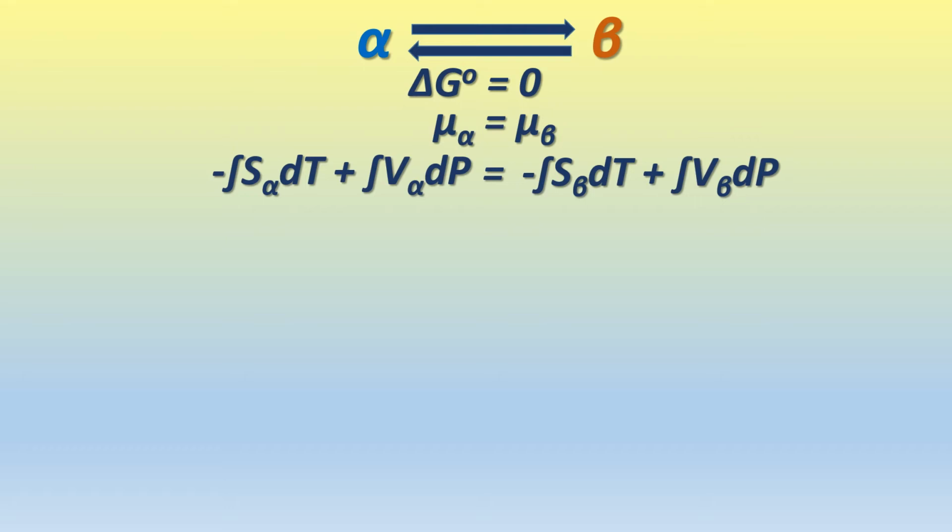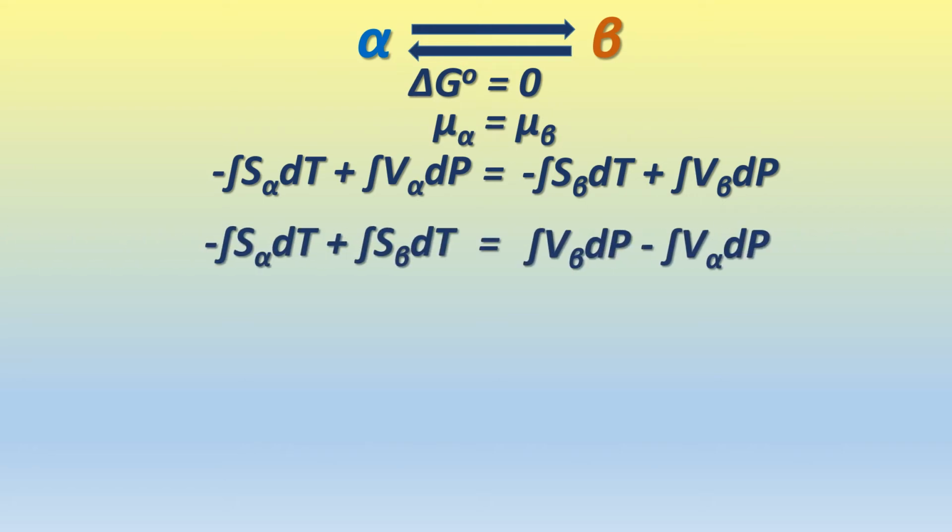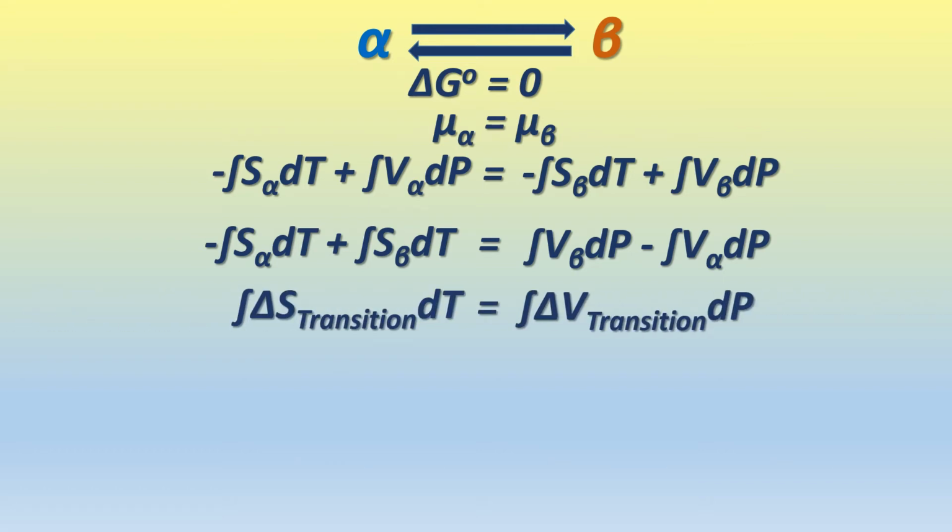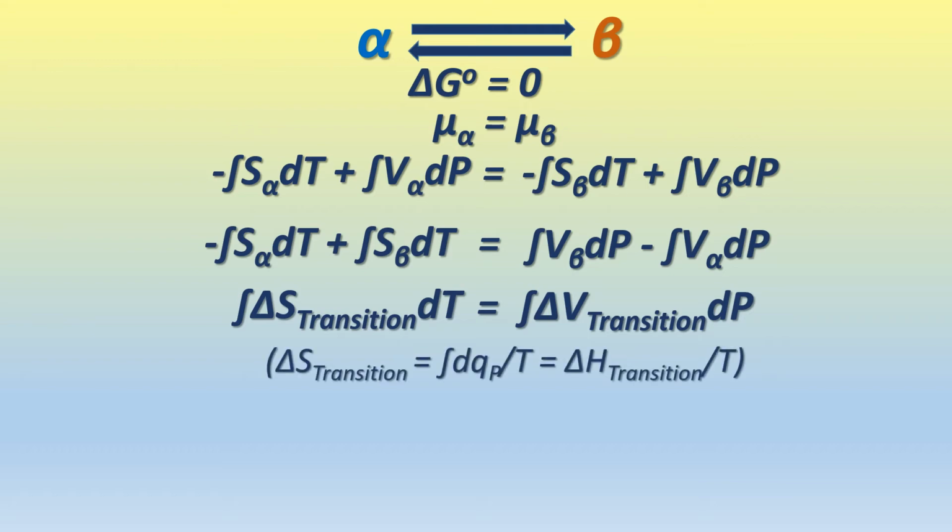I can rearrange this to get a couple of state functions: minus S alpha plus S beta equals V beta minus V alpha. S beta minus S alpha is the delta S of the transition. V beta minus V alpha is the delta V of the transition.